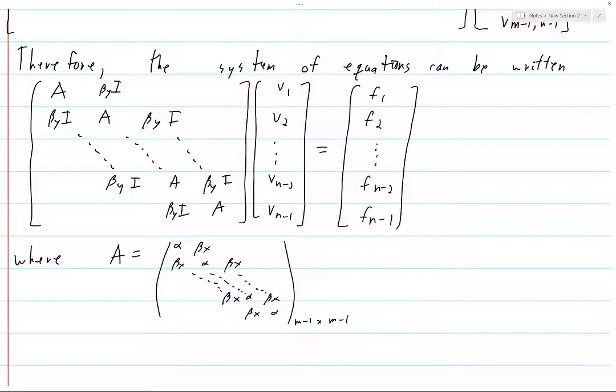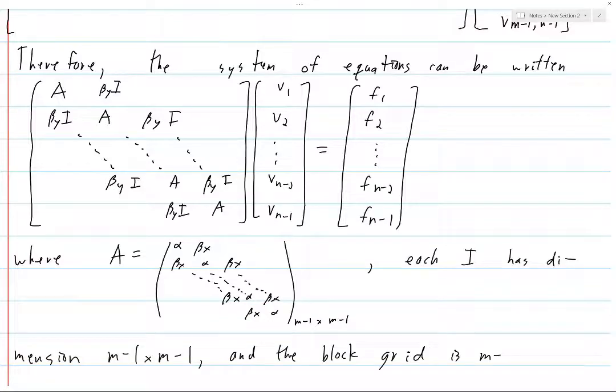And the block grid should be n minus 1 by n minus 1.